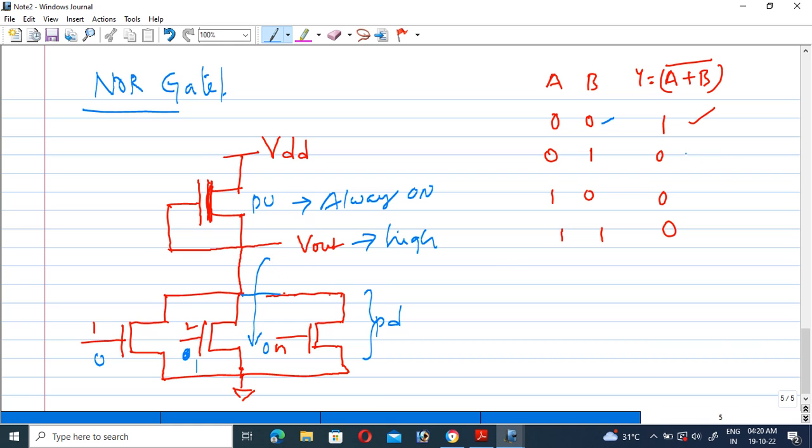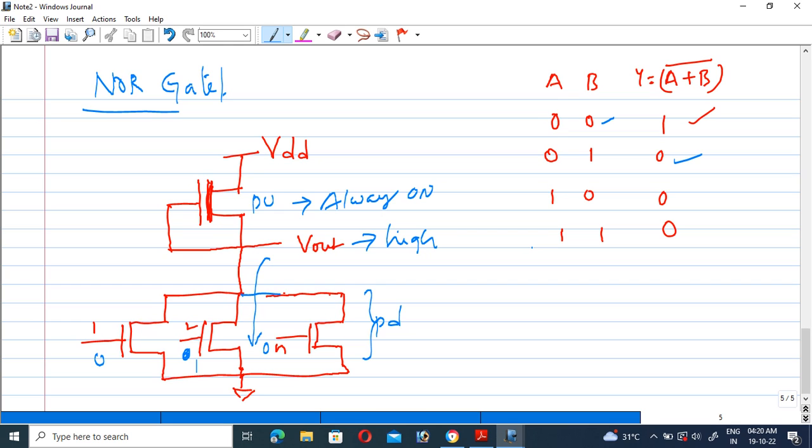That means it satisfies the criteria. Suppose any one of the nMOS transistors in the pull down network is in on condition, there will be a discharging path from the output to ground. The total output is equal to 0. That is the operation of the NOR gate as well as the designing of the NOR gate transistor.